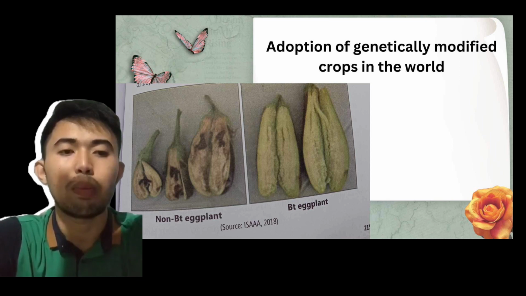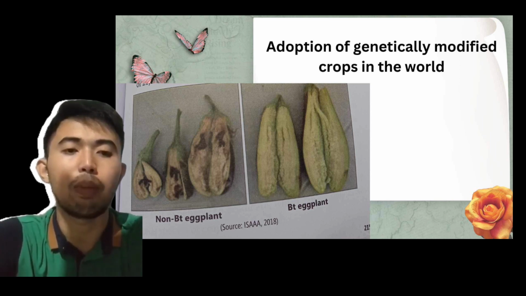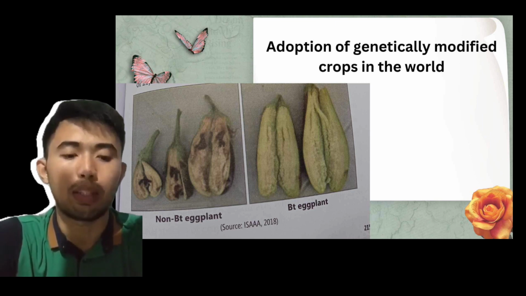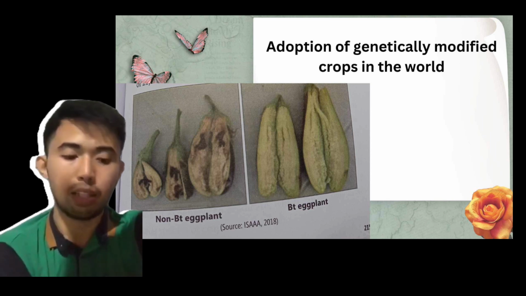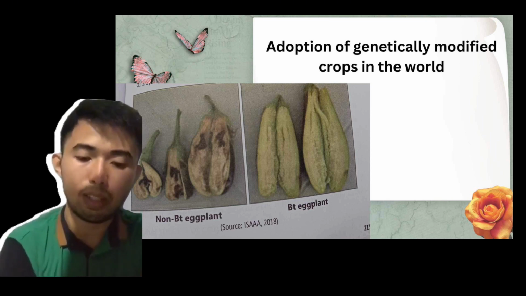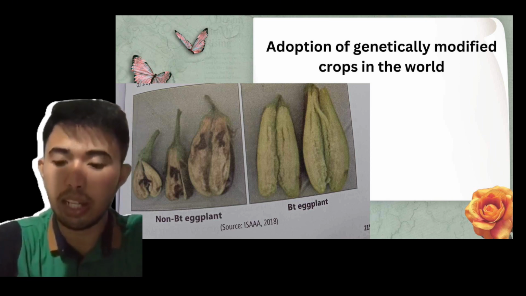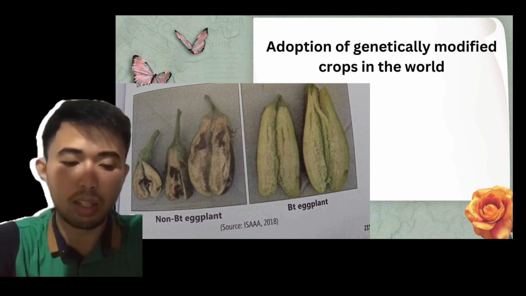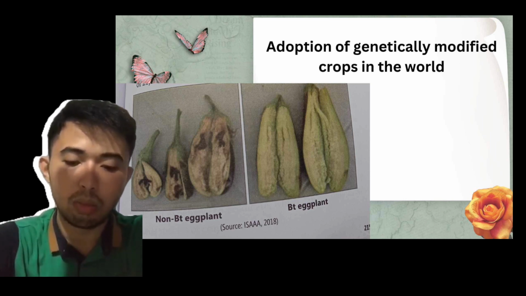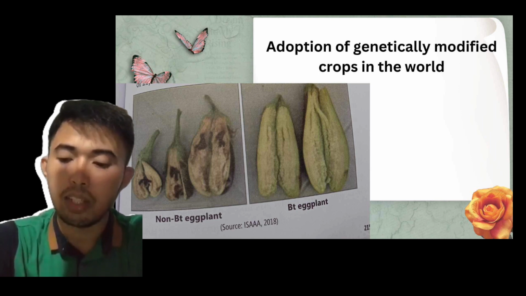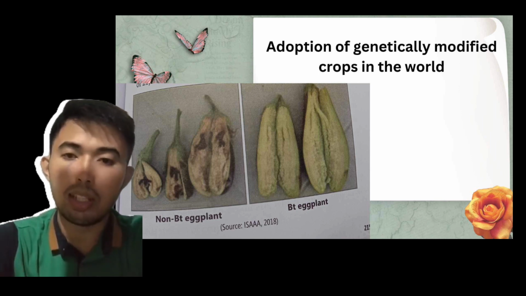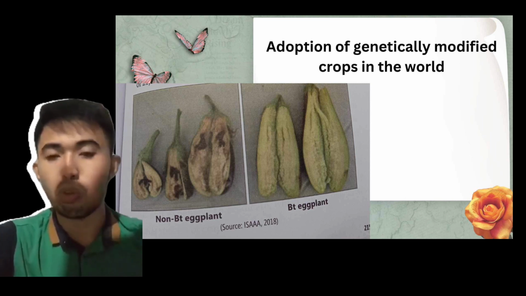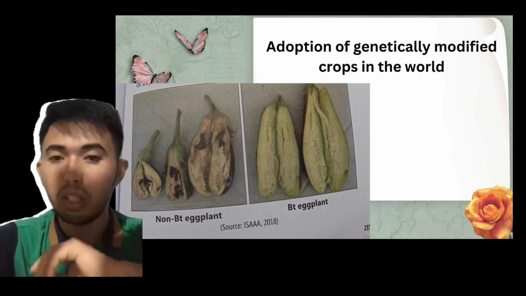And there are two types of eggplant: non-Bt eggplant and Bt eggplant. The difference is that Bt eggplant has the same nutrient composition as the conventional eggplant, except for the Bt proteins, which render resistance to the fruit and shoot borer.